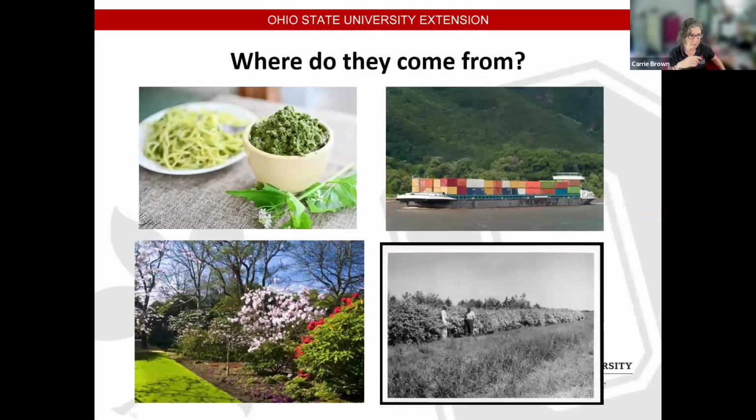And where do they come from? They are introduced through a combination of intentional and unintentional introductions by us humans. Unintentional introductions could include hitchhikers in shipping ballast water or through contaminated goods.